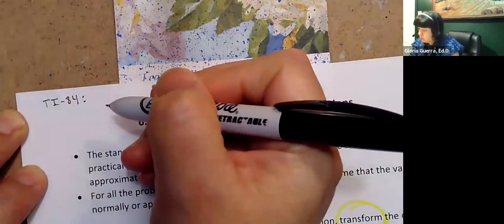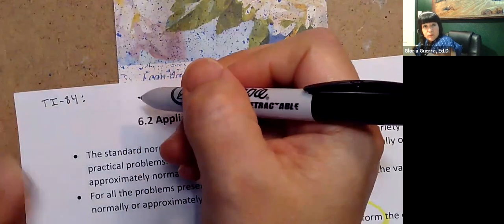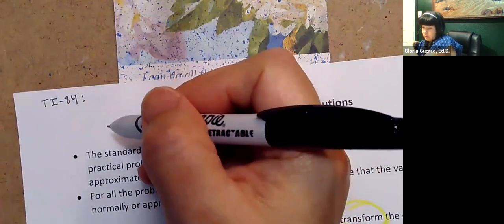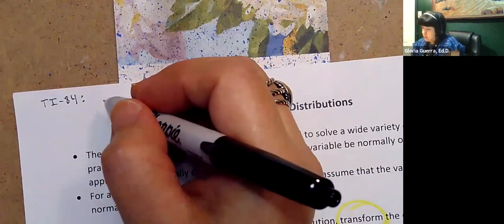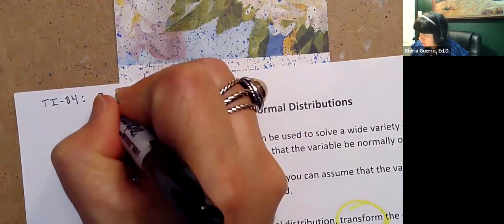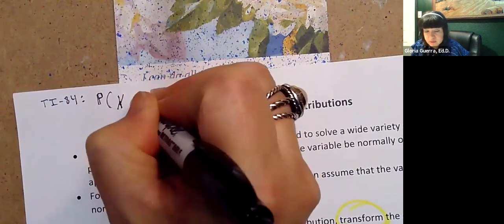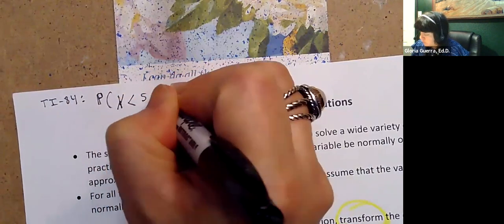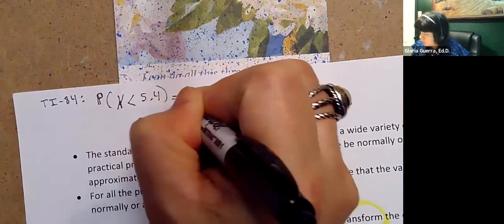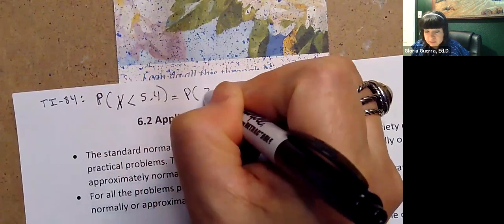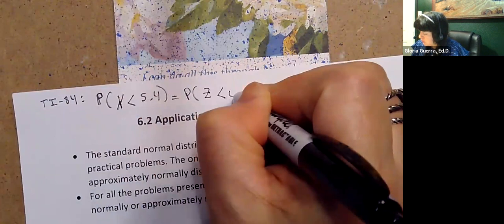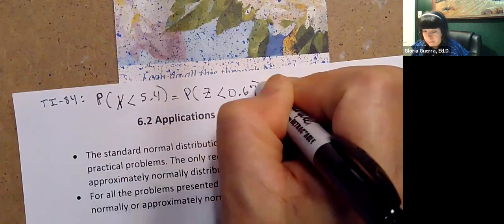Okay, and so we have, let's see, the probability that X is less than 5.4 is equal to the probability that Z is less than 0.67 equals.